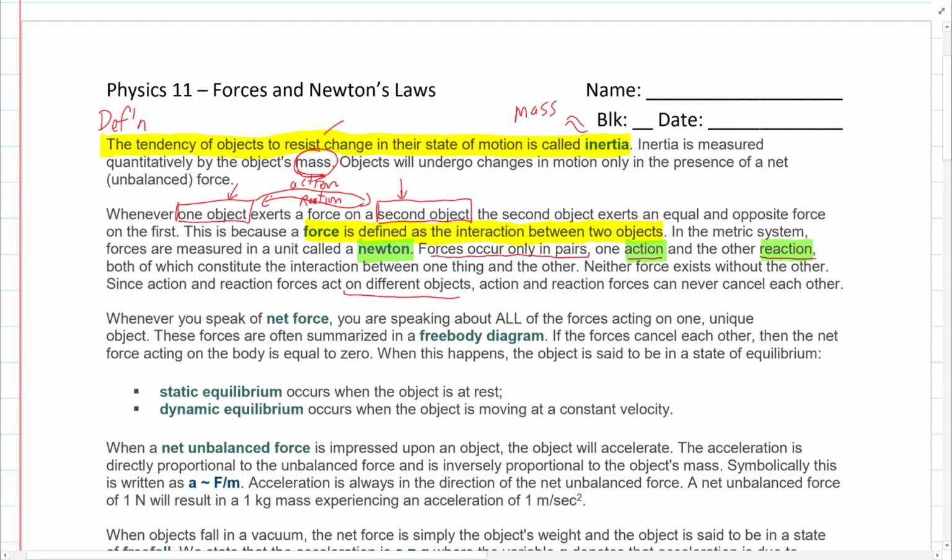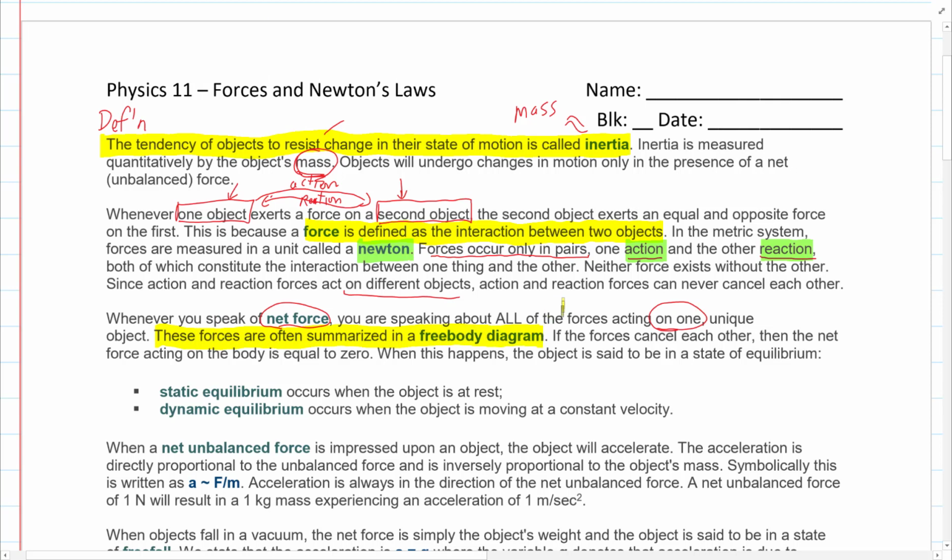Interesting. Okay. Whenever you speak of a net force, you're speaking about all the forces acting on one unique object. And these forces are often summarized in a free body diagram. If the forces cancel each other out, then the net force acting on the body is equal to 0. First of all, the free body diagram, we're not going to do too much on that right away.